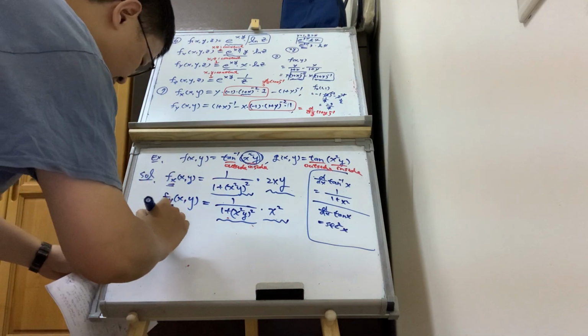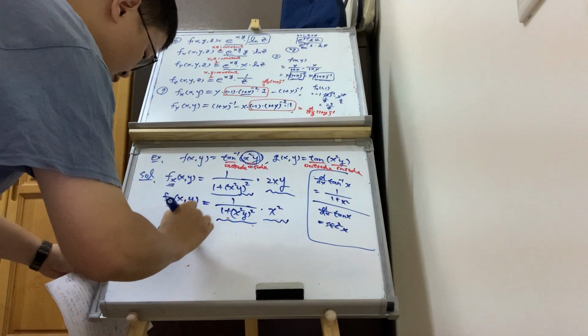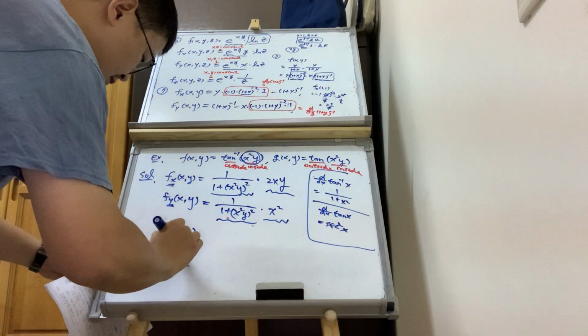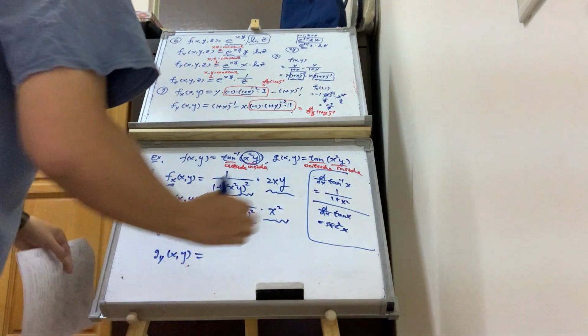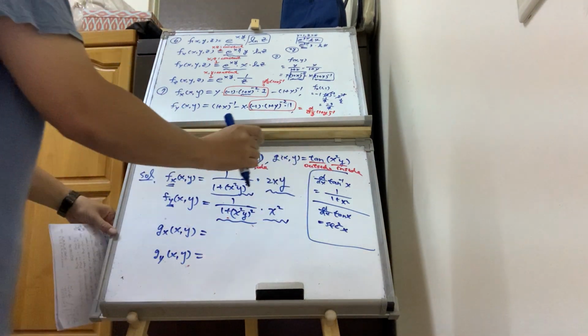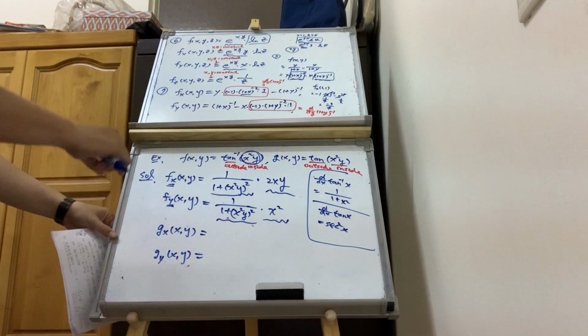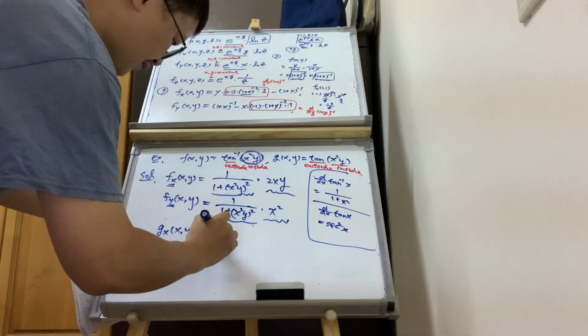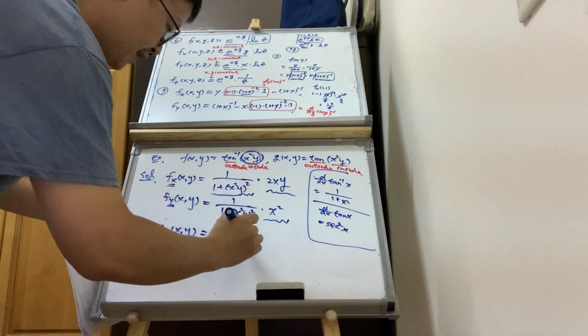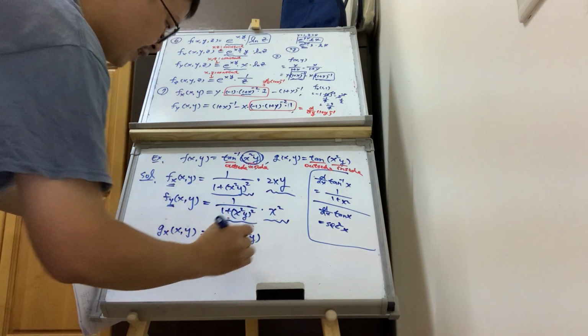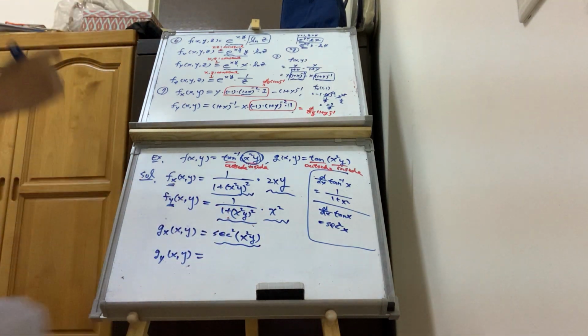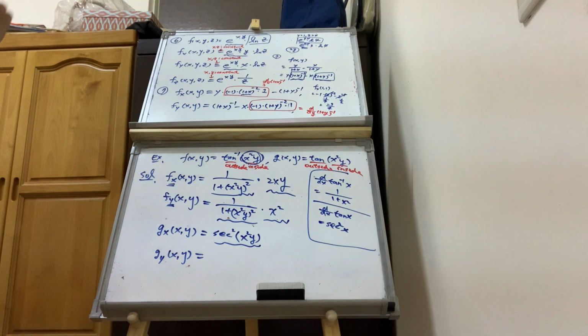Similarly, you could see g sub x, g sub y, to see the difference. Now the outside function is tangent. The tangent function's derivative is secant squared, so the outside function becomes secant squared, but the inside we keep.